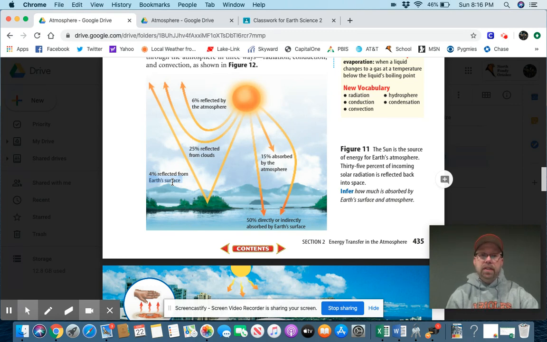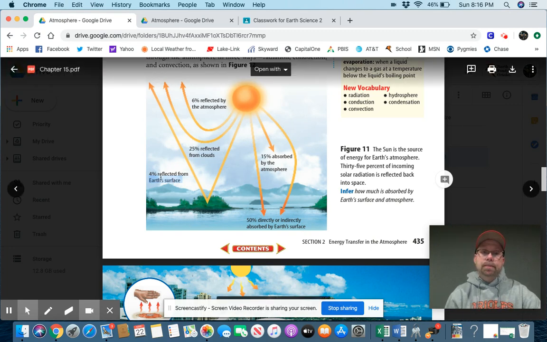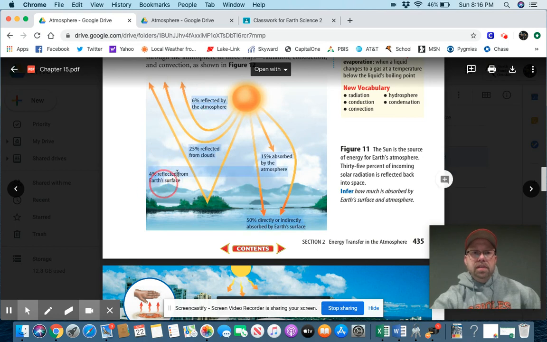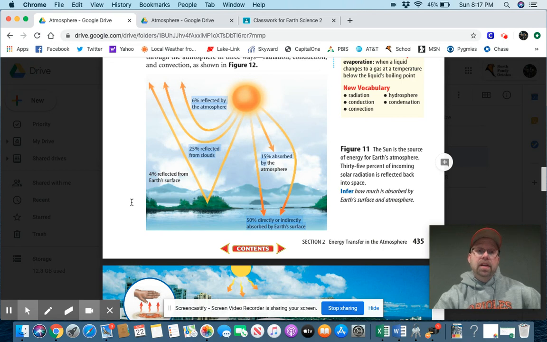Ice is a reflector of the sun's energy. Water is an absorber. So when you add up 6 and 4 is 10, and 25 is 35, plus 15%, 50% of the sun's energy is not used at the surface of the Earth. And 50% then does get used, energy that's absorbed by the Earth's surface.